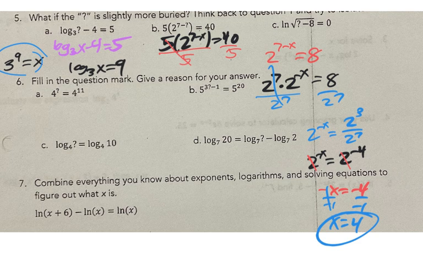Now I have the same base, so the exponents have to be equal. And so from here, if I move that over, it becomes positive. Move that over, it becomes negative. And so it has a similar ending. Maybe that math's a little bit easier than having to do what we did before.